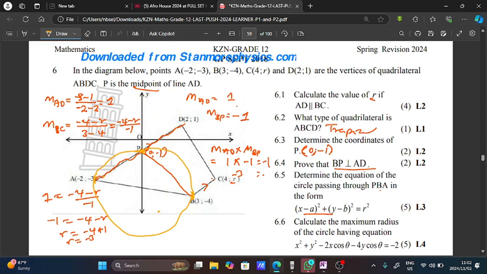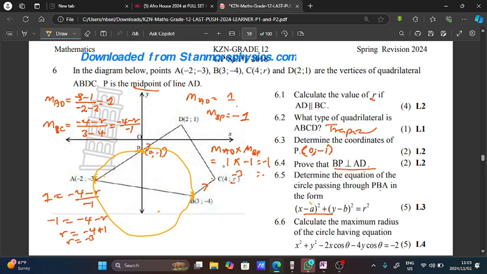So which one can be the center? Because remember this equation is circle centered again. A and B. Which one can be the diameter here? Looking at this circle, which one can be the diameter? Let's erase this part. The diameter is AB. So we must find the midpoint of AB.